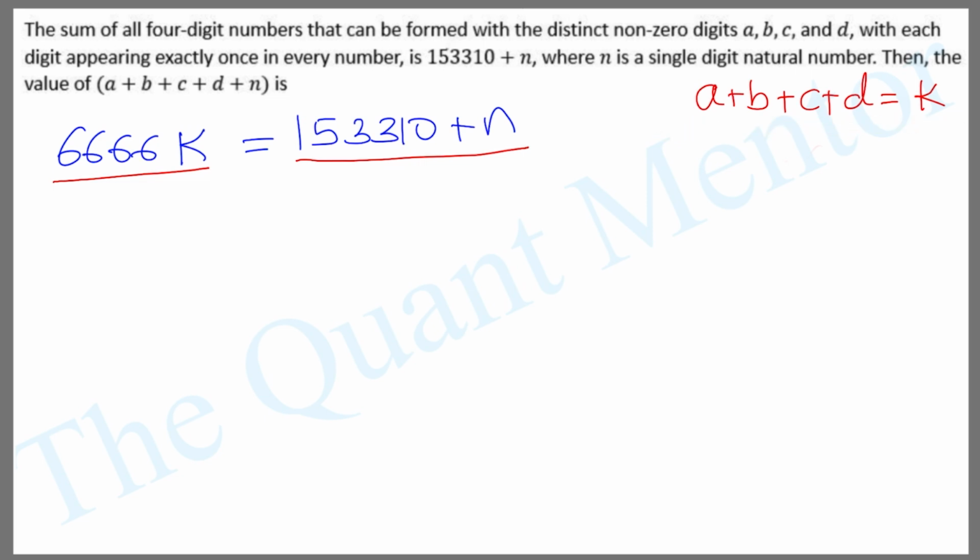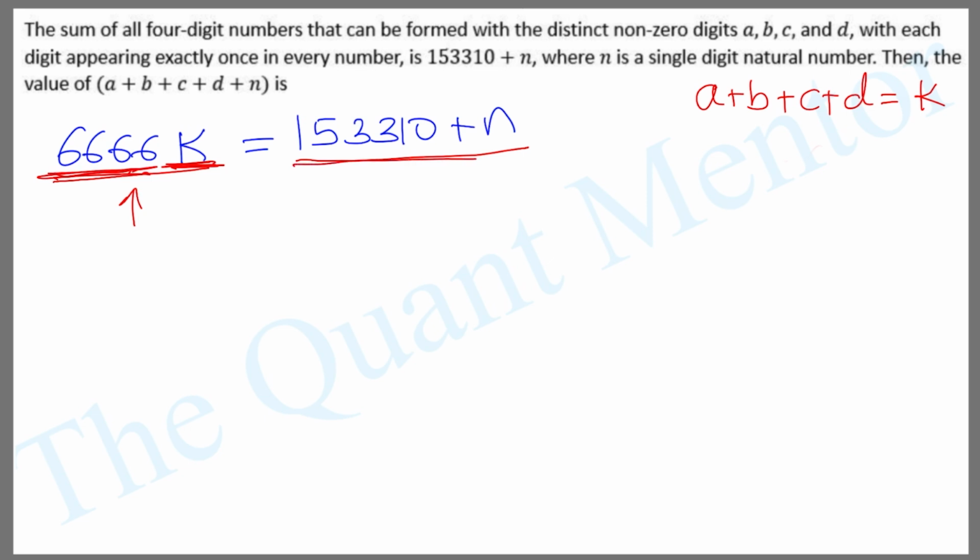Now looking at this equation, guys, 6666 into k is 153310 plus n. Your left hand side is very clearly 6666 into an integer k. In the question, A, B, C and D are digits, right? So A plus B plus C plus D will also be an integer. So 6666 into an integer is definitely an integral multiple of 6666.